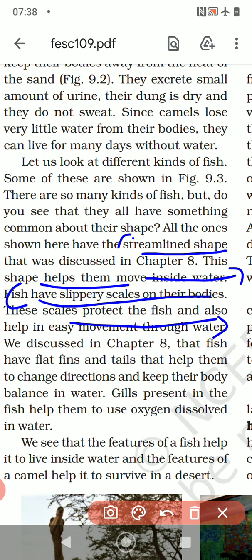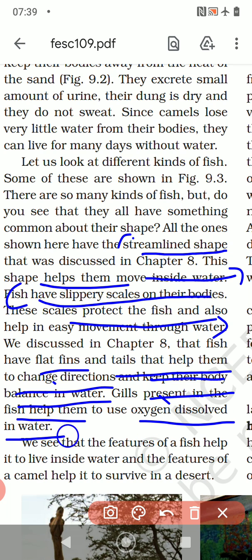We discussed in chapter 8 that fish have flat fins and tails that help them to change directions and keep their body balanced in water. Gills present in the fish, this is very important, help them to use oxygen dissolved in the water.